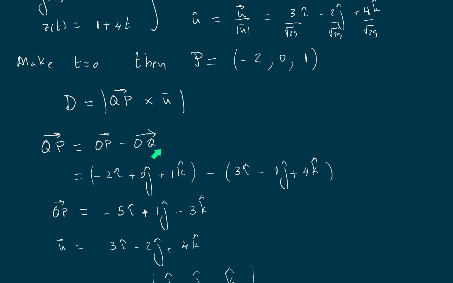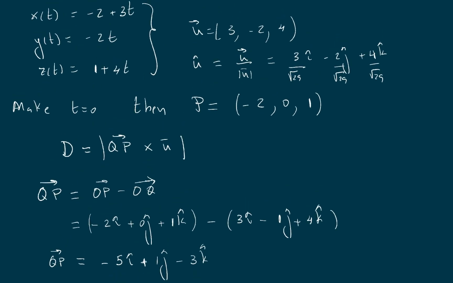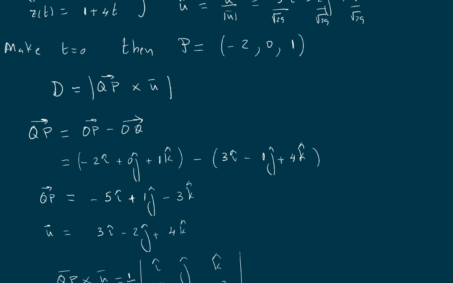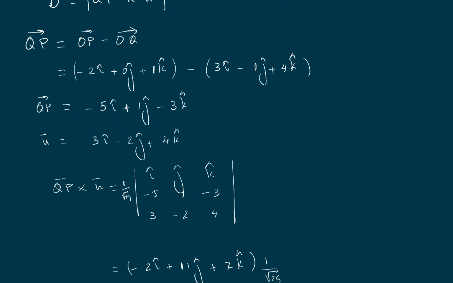The point Q is the point (3, -1, 4), so the vector OQ is 3i minus 1j plus 4k. So we have QP is OP minus OQ, which is this vector.